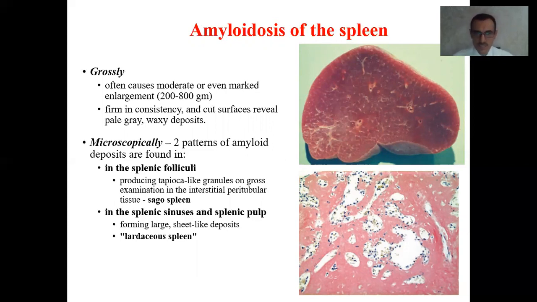In the splenic follicles, they produce tapioca-like granules, which on gross examination we call the sago spleen. In the splenic sinuses and splenic pulp, they form large sheet-like deposits that we call the lardaceous spleen.